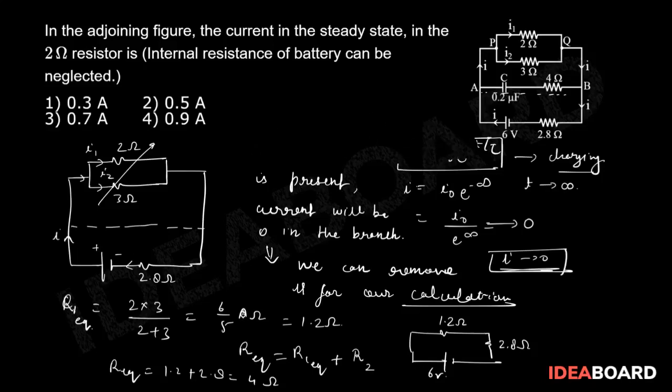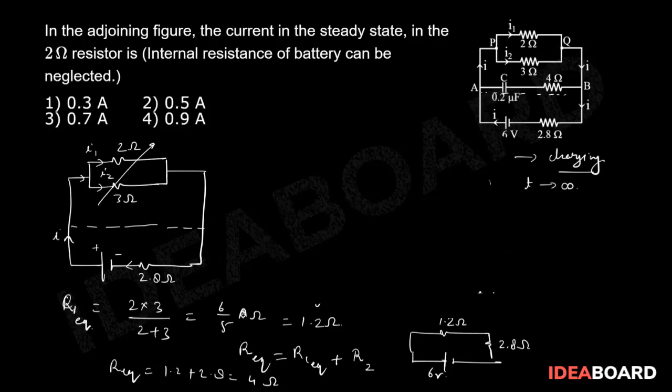Once you get the net resistance, you just need to put in the values. You can apply V is equal to I into R equivalent. From there you get I is equal to V upon R equivalent, which is 6 divided by 4. So you get 3 by 2 ampere current in the whole branch. Now if you look at this diagram, the current I is flowing like this.